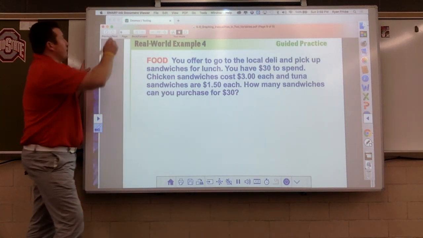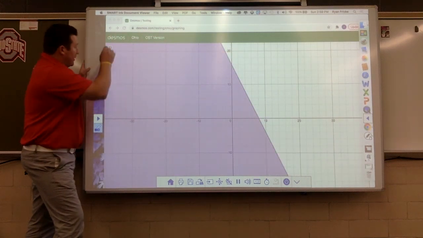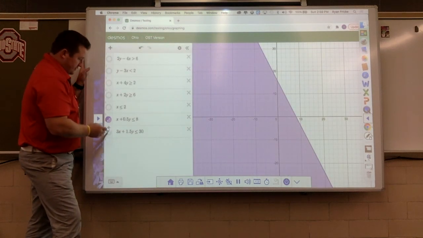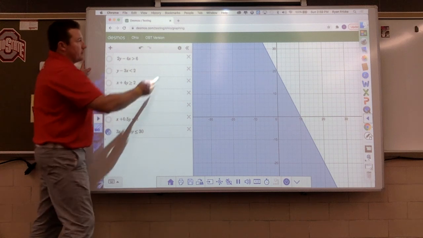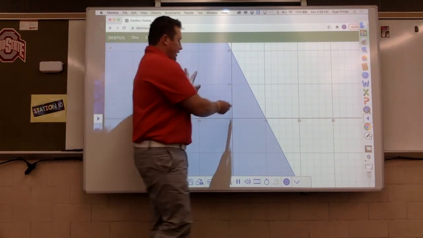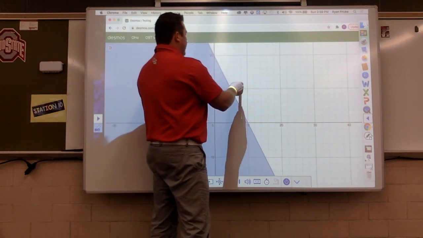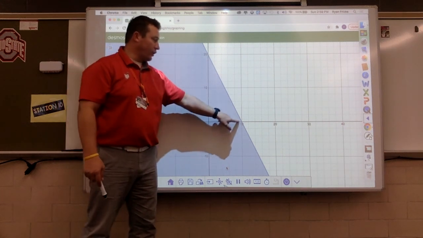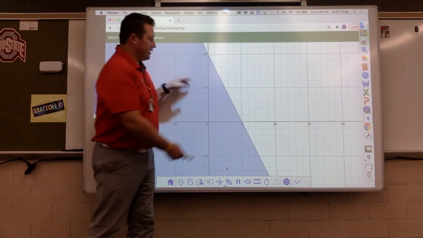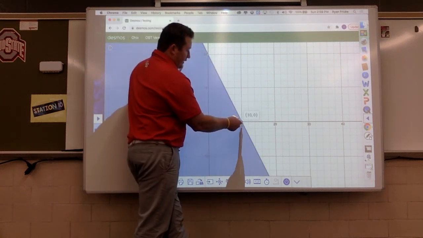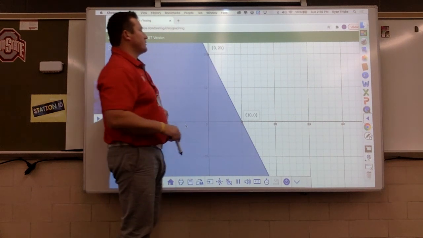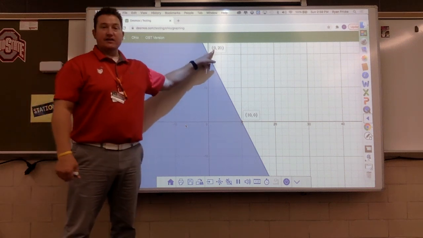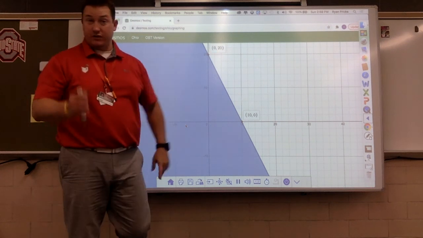Let's take a look at this one on the graph. There we go. So again, any of these combinations inside this triangle here work, guys. If we pick 10, 0 and 0, 20: if I buy 0 chicken sandwiches, I can buy 20 tuna sandwiches.